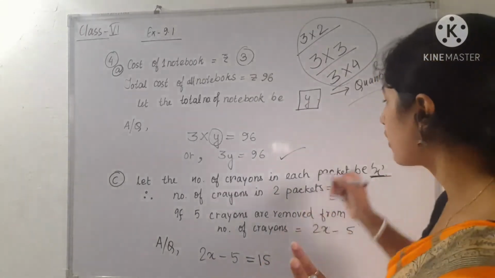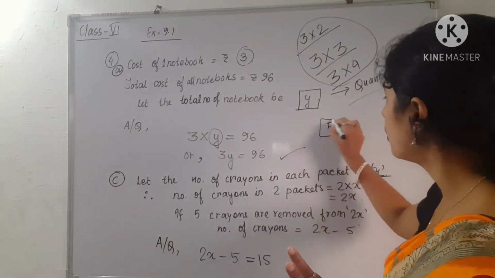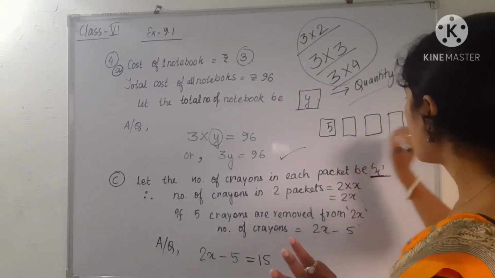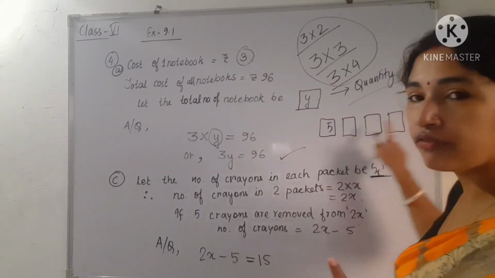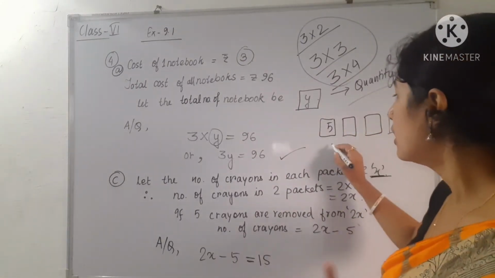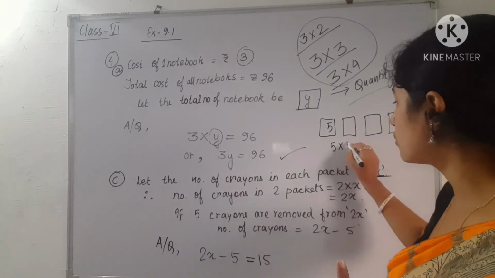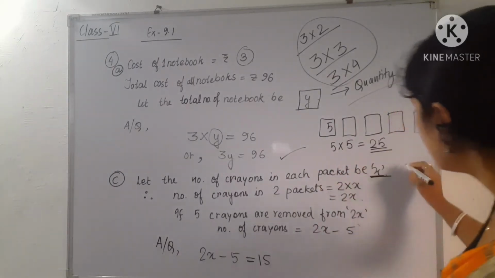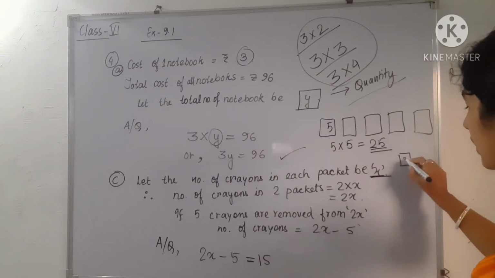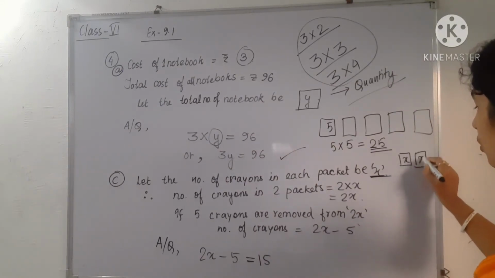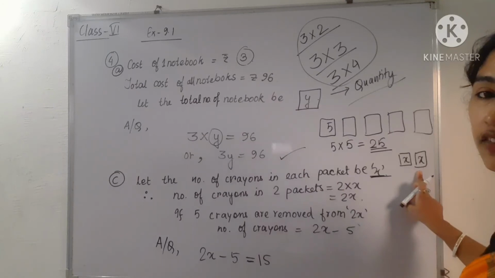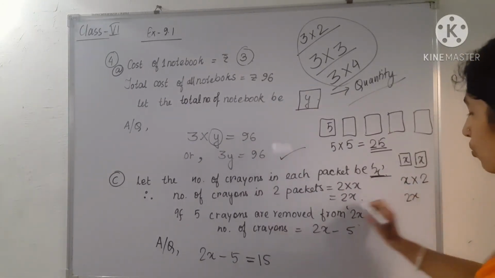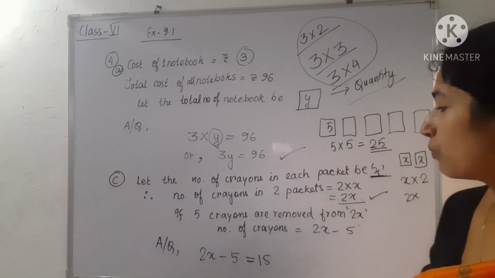Suppose there are 5 crayons in one box. If I am having 5 boxes like this, and in each we are having 5 crayons, then the total number of crayons will be 5 into 5, that will be 25. Similarly here in one packet we are having x crayons, so in 2 packets we are having x into 2 or 2 into x, that will be 2x. So this is the number of crayons in 2 packets.